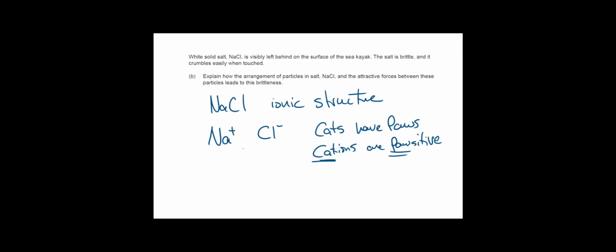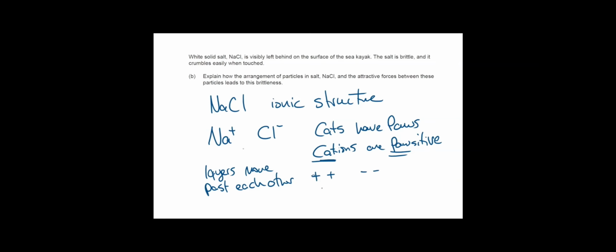So it forms this lattice structure. When the structure comes under stress, the layers move past each other slightly, and what that means is that you now have cation next to a cation and an anion next to an anion.